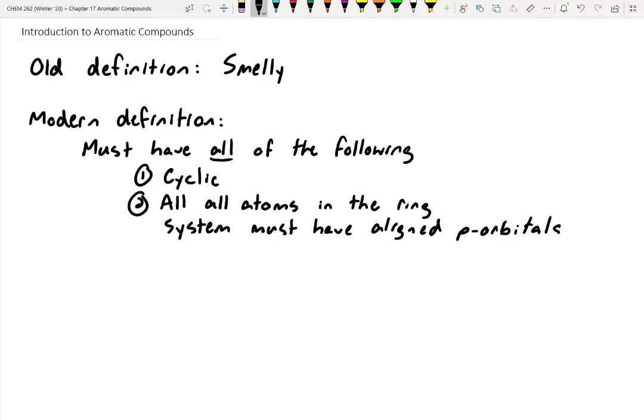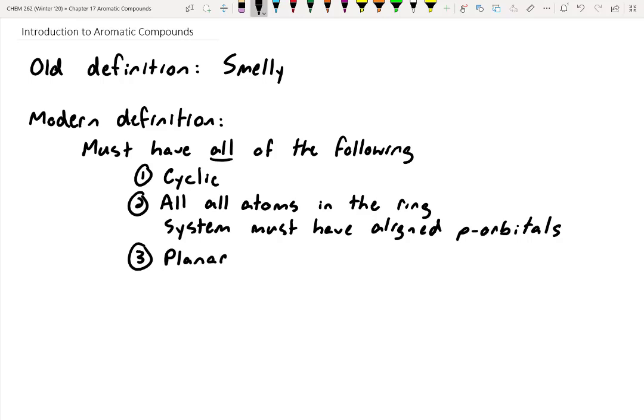Another way of thinking about that is the entire cyclic ring system that we're describing in part 1 must be conjugated, which is what we talked about before, right? So we must have alternating double single bonds around the whole system, or we must have p orbitals that are aligned. All right. Number 3 is it must be planar, meaning the ring must be able to lay flat.